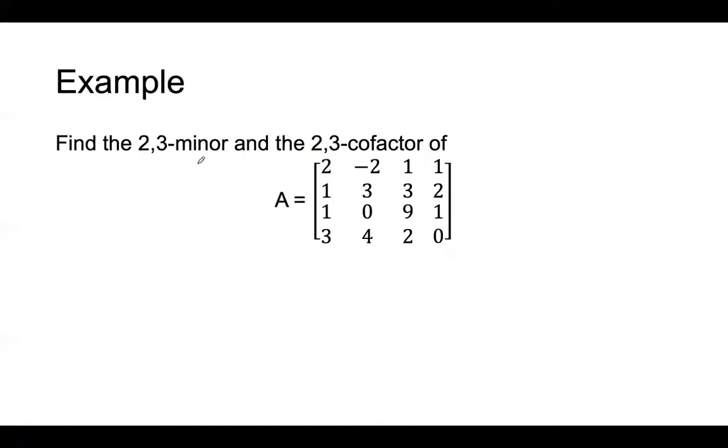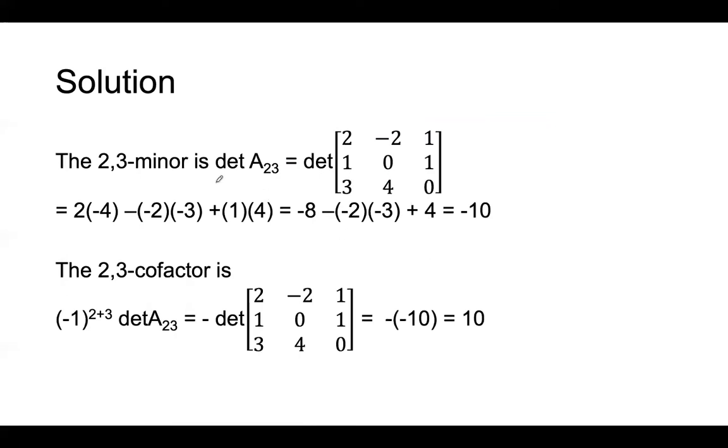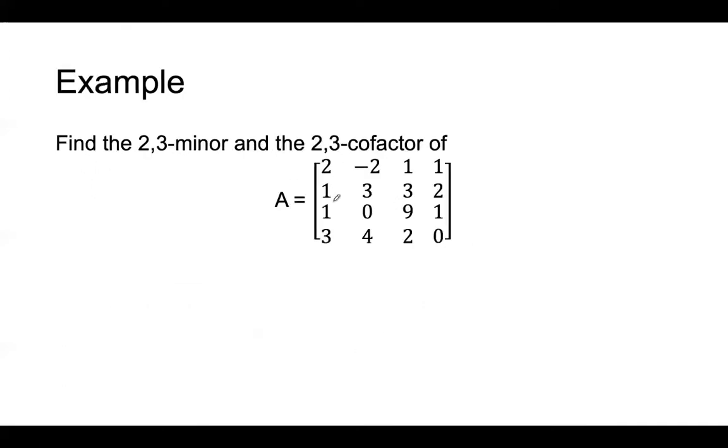So find the 2,3 minor and 2,3 cofactor of this specific matrix. So the 2,3 minor is the determinant of A23, so deleting row 2 and column 3, this is our submatrix.